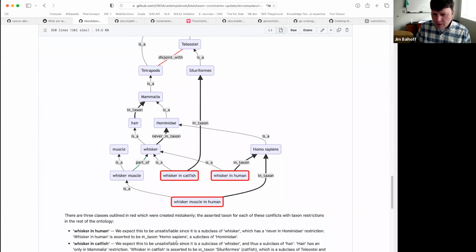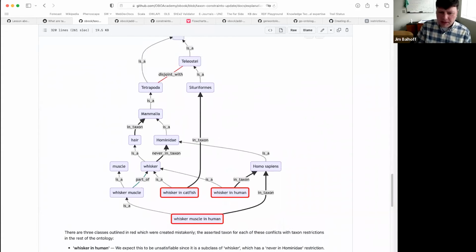Before we get to the details, why do we think whisker in human should be unsatisfiable? Well, this is a defined class, a whisker that's in taxon Homo sapiens, but it is a type of whisker, and a whisker is never in taxon hominids. So you can see that conflict immediately.